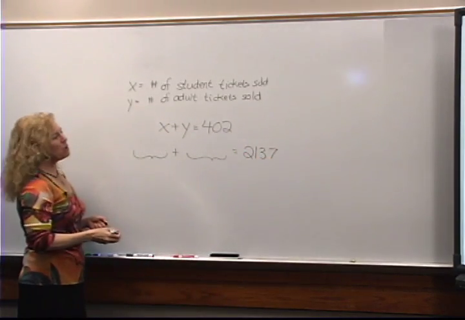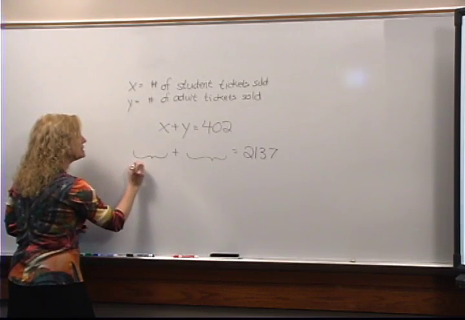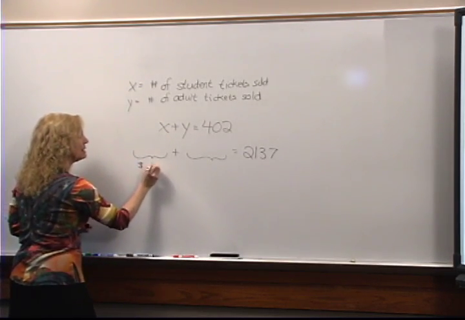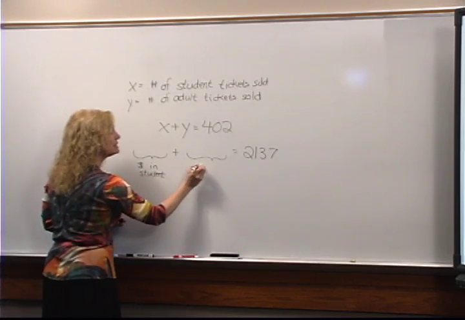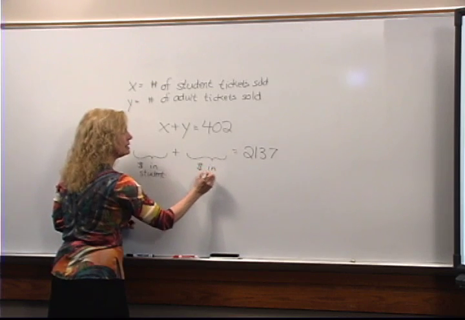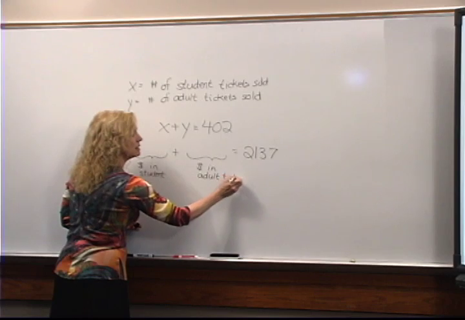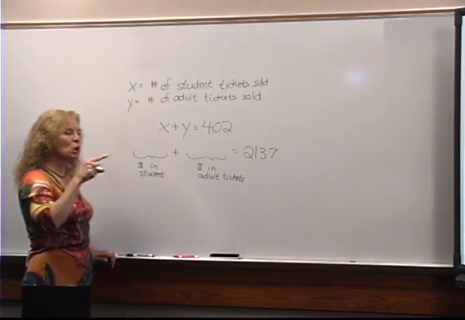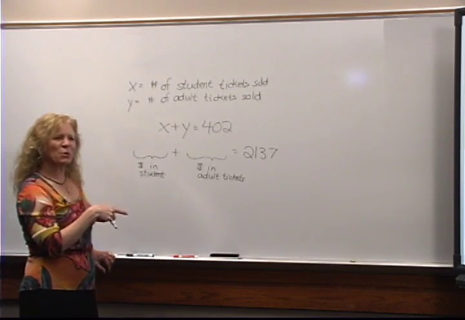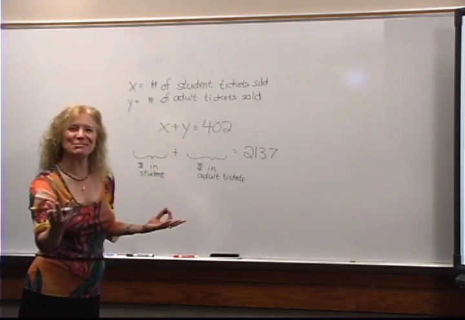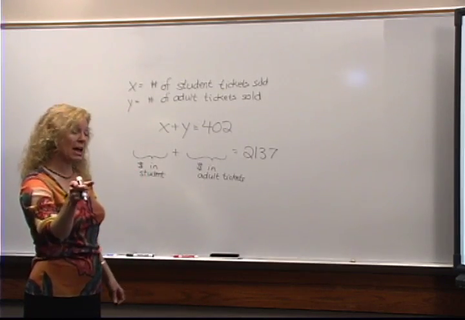Since I know that 2137 is the total amount brought in, I could say the money in student tickets plus the money in adult tickets has to total up to the 2137. And you see, the reason I call that a skeleton equation is that I kind of have the bare bones there. I don't yet have everything worked out, but I'm on my way.